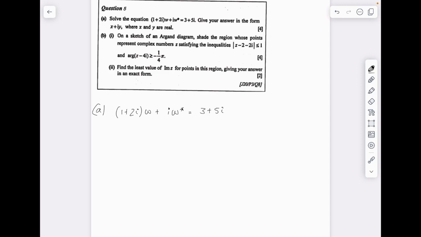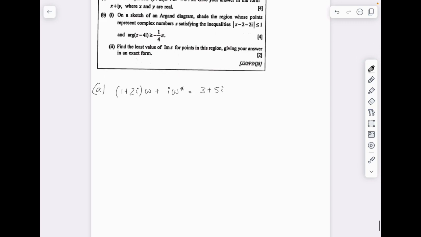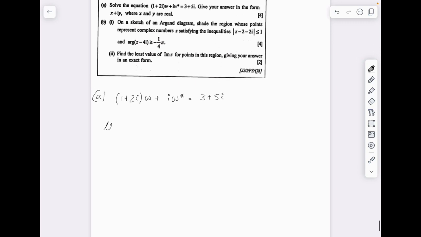Fine. So what we can do is let w equal x + iy. Therefore w conjugate is going to equal x - iy.